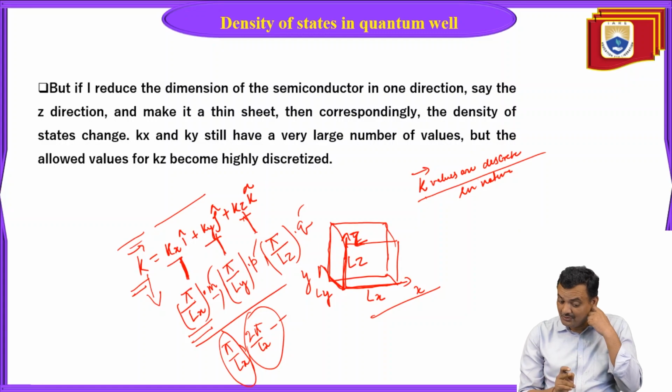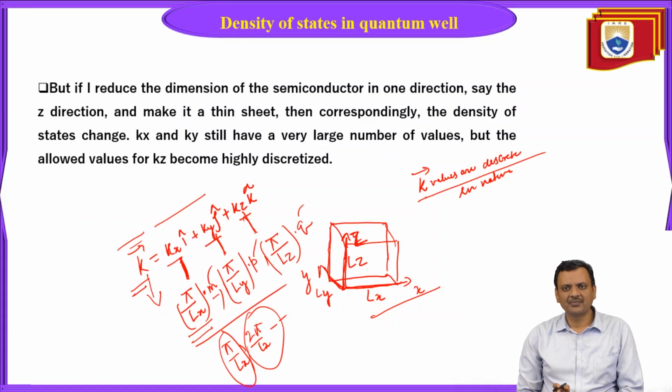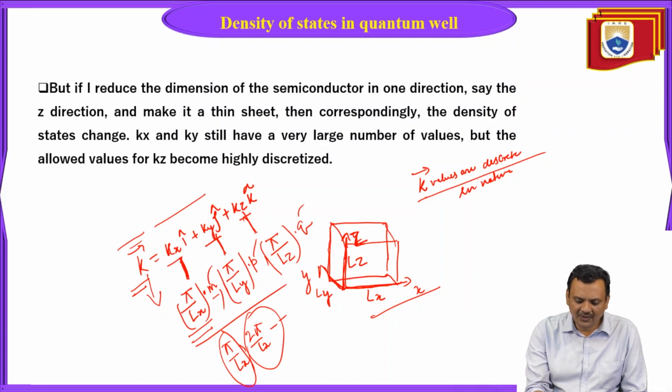But in the particular case of the quantum well condition, what are you doing? You are restricting the motion of the electron in the z direction. It means you are even restricting the growth of the crystal in the z direction. This z direction of the crystal you are not able to see.